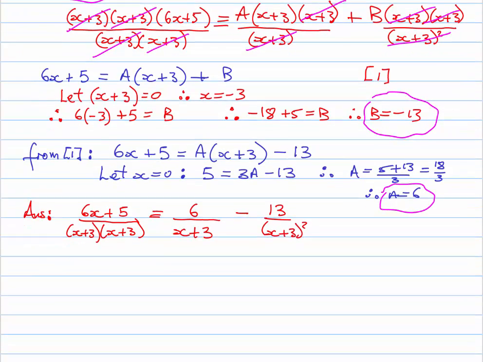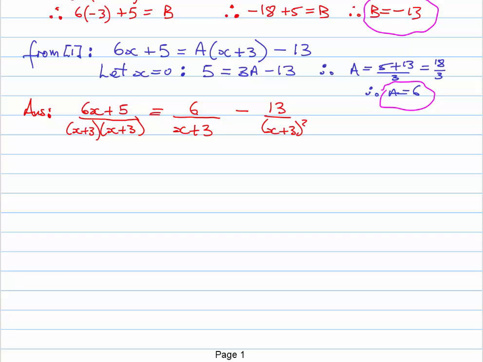Now there is a way, of course, to check these proposed answers. Is that correct? Let's find out. Let's do a quick check. I'm going to say 6 over x plus 3 minus 13 over x plus 3 all squared is the same as writing, and let's put the common denominator in.